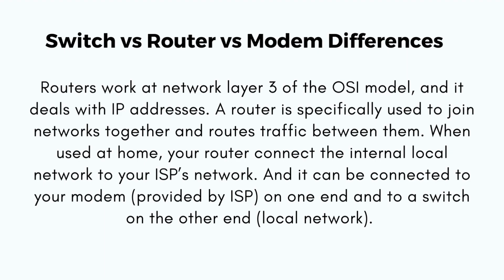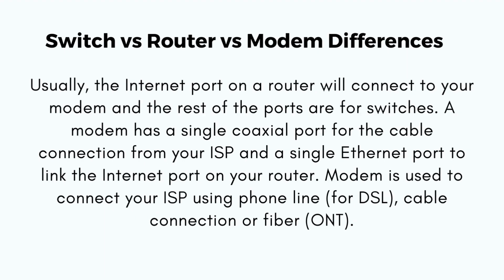When used at home, your router connects the internal local network to your ISP's network, and it can be connected to your modem provided by the ISP on one end and to a switch on the other end, the local network.